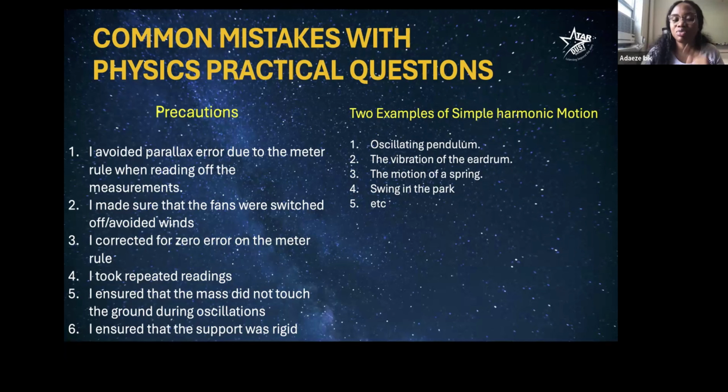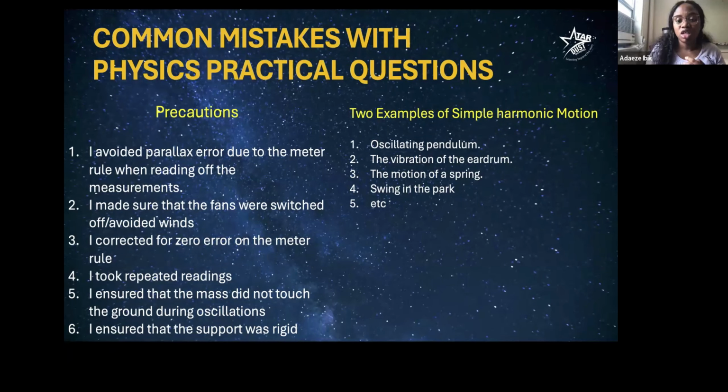If you know what a simple harmonic motion is, you will know what to give as your answer here. It's actually a periodic motion that involves a restoring force that is proportional to the extent of the oscillation. So you need to understand what a simple harmonic motion is for you to be able to answer this one.